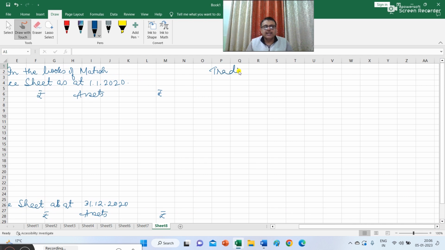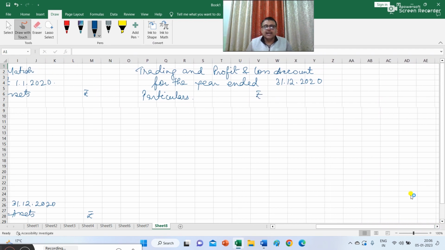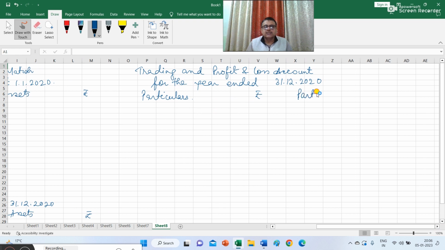So I am writing here trading and profit and loss account for the year ended 31st December 2020. On debit side I am writing particulars, then rupees, and on the credit side I have to write particulars and rupees.